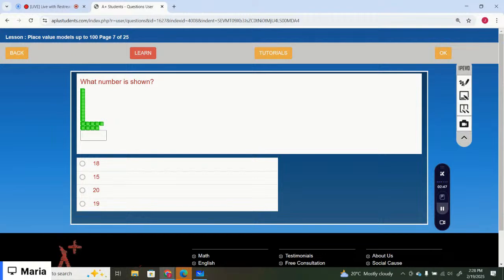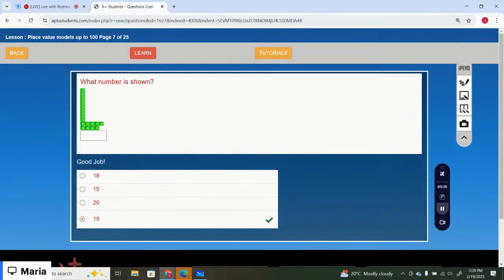What number is shown? That is 10 and 9 ones. Option number 4 is the correct option.